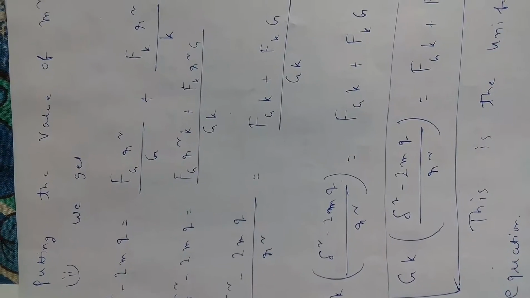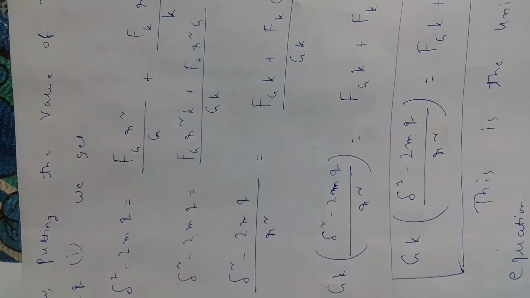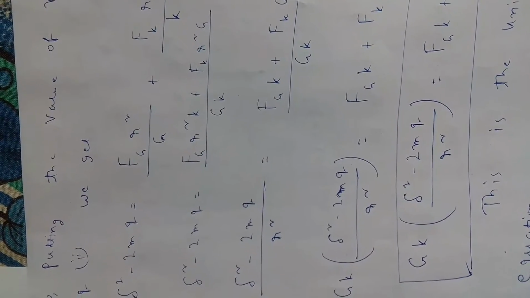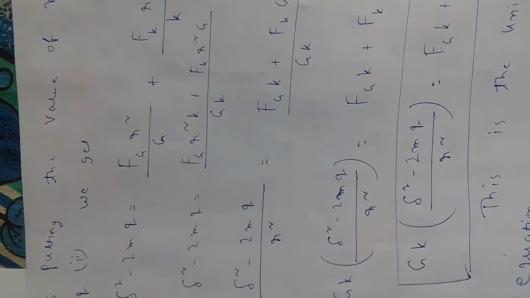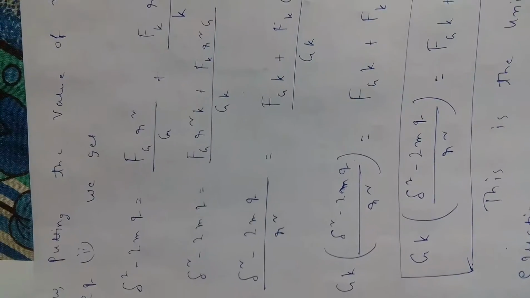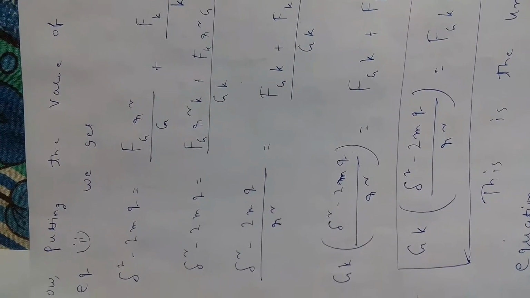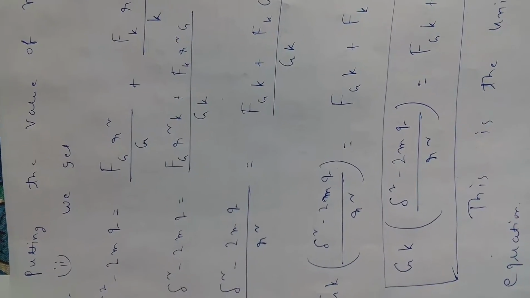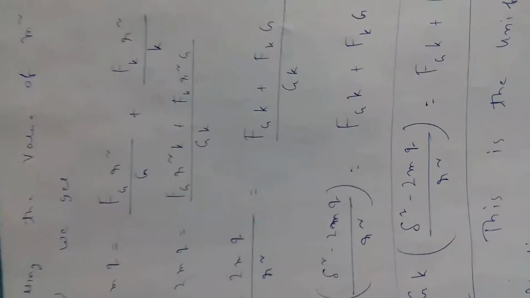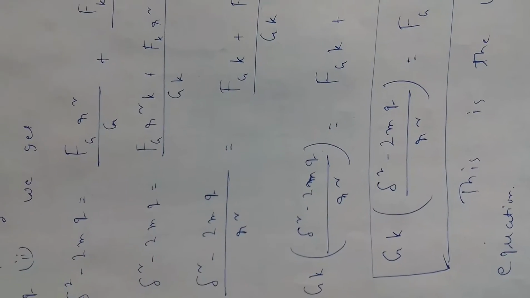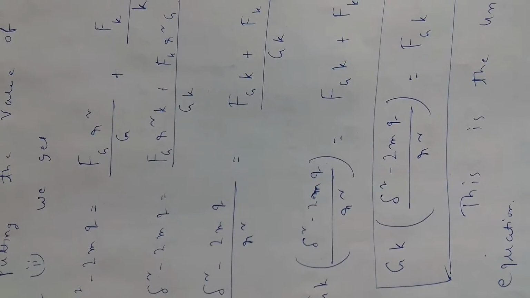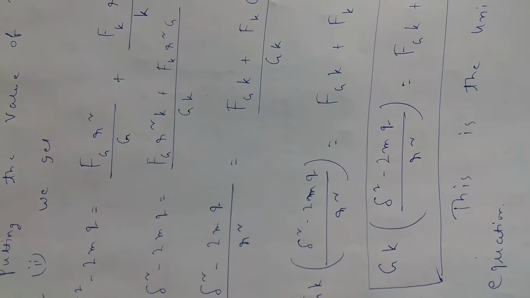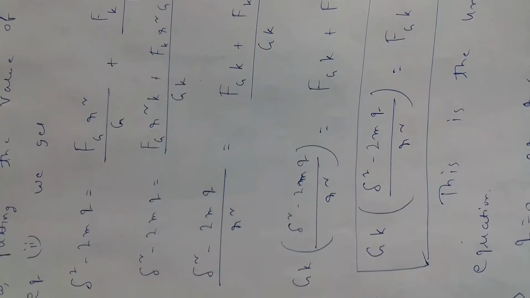After that, what I have done is a simple calculation, which anybody can understand quite easily. I have taken r square as common from the right-hand side and done the simple mathematical operations we are all familiar with.